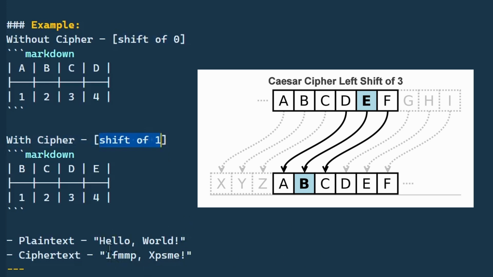So H would be I, because it's H, I, J, K. And F comes after E, so E would be shifted to F, and so on. It's pretty simple. You can shift by technically an infinite amount of numbers, but there's only 26 possible placements, which makes it easy to brute force.